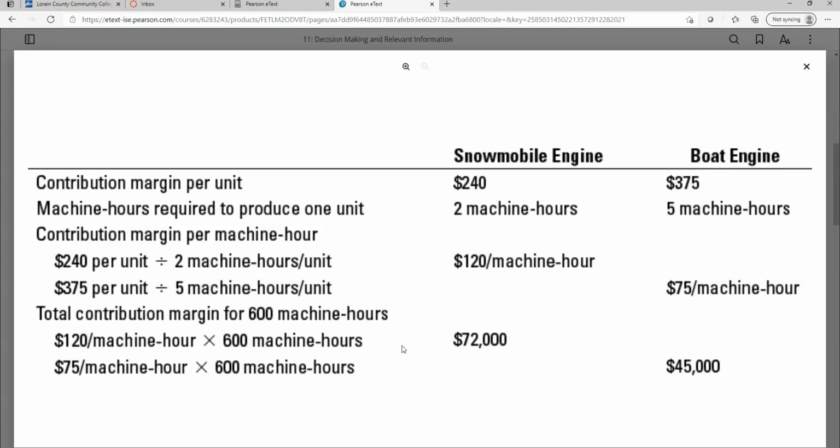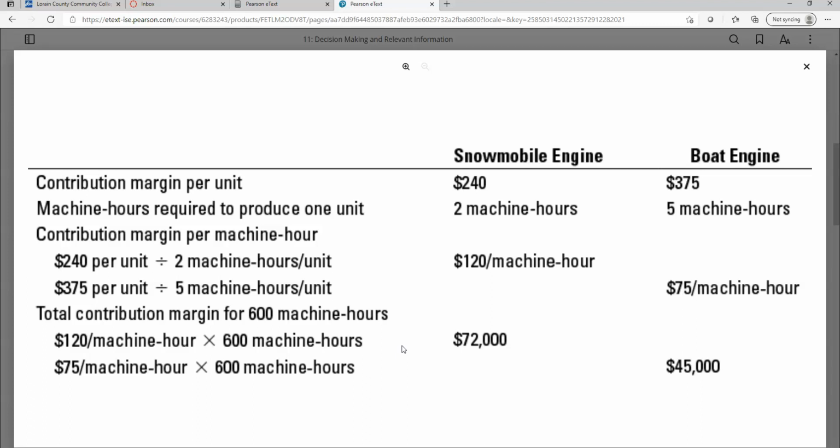But the machine hours required to produce one unit, this is key here because they do not consume resources or machine hours equally. The snowmobile engine only takes 2 machine hours, whereas a boat engine takes 5 machine hours to produce.